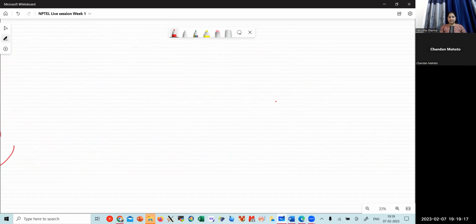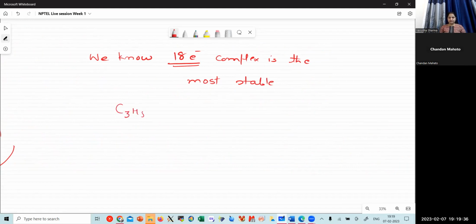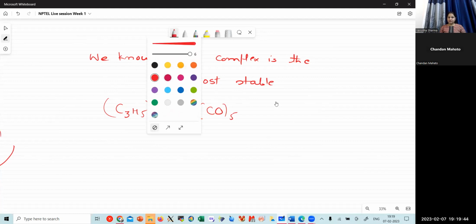So we know that an 18 electron complex is the stable complex, the most stable one, right? We know that. So when we have this C3H5 Mn(CO)5, we will calculate its total electron count.